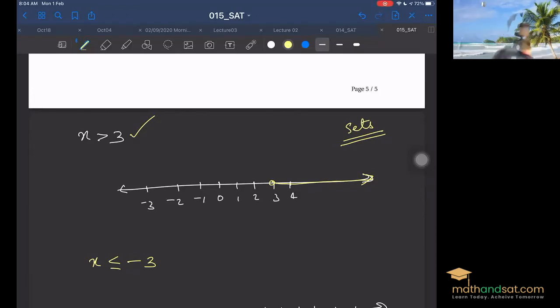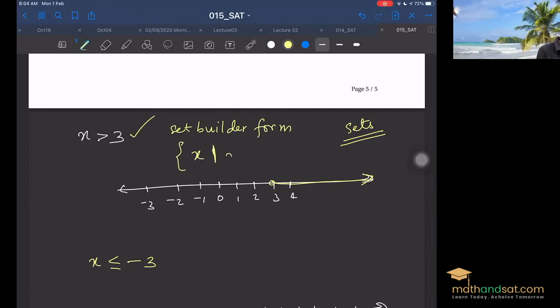In terms of set builder form, this can be represented as set of all x such that x is greater than 3. What does that mean? It simply means that you have a set which consists of numbers, and the numbers are chosen in such a way that they are greater than 3.